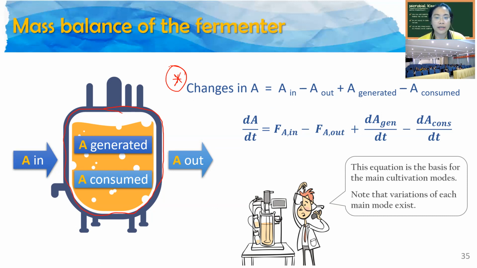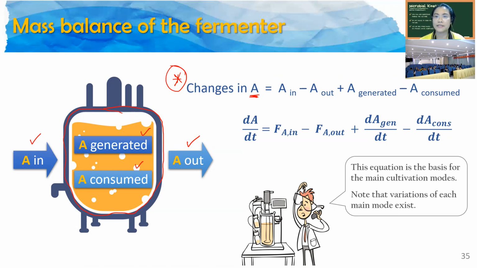If we are following a substance A, A could be biomass, product, or cells. The change of A in this system equals A that goes in, minus A that comes out, plus A that is generated, minus A that is consumed.